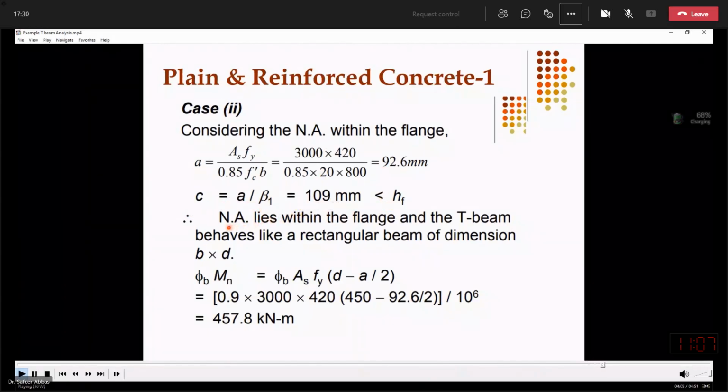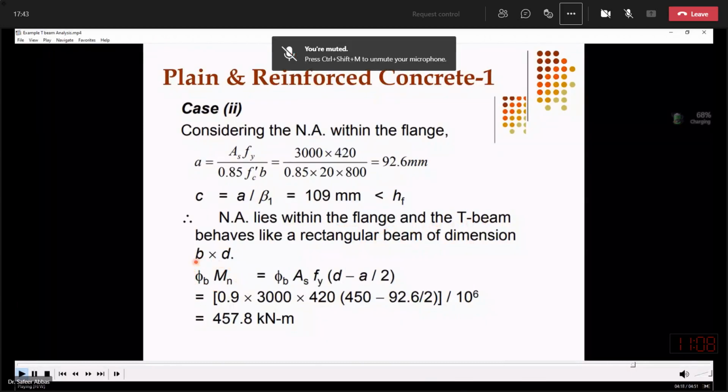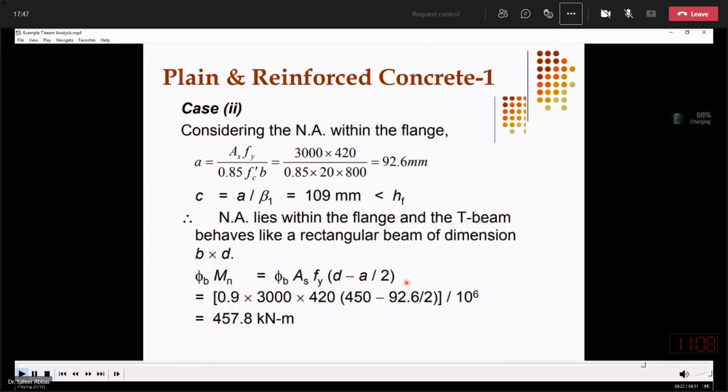Therefore, it can be concluded that the neutral axis lies within the flange and the T-beam behaves like a rectangular section, or rectangular beam, of dimension b by d. Now the moment capacity for a rectangular section is phi b As fy times (d minus a by 2).